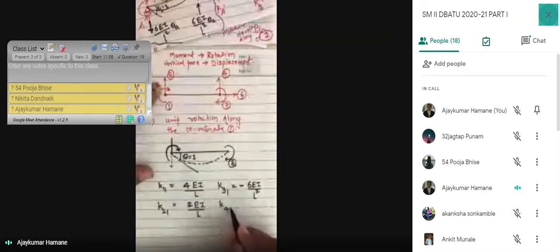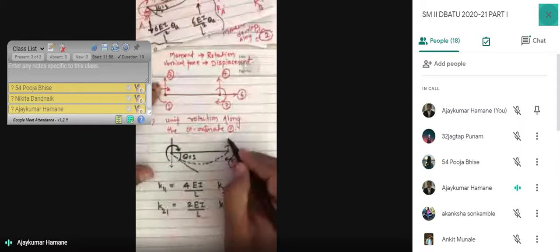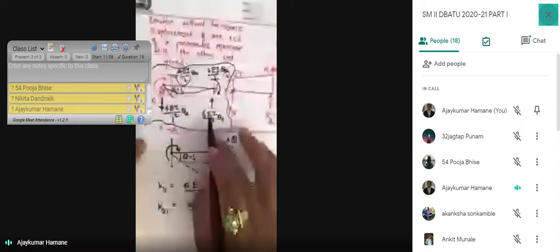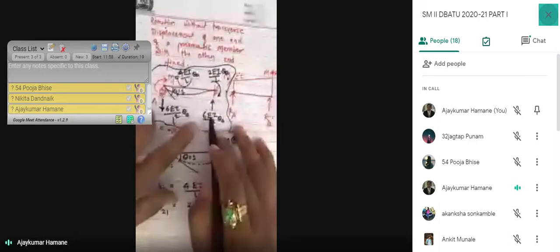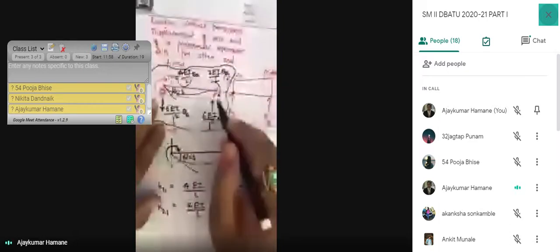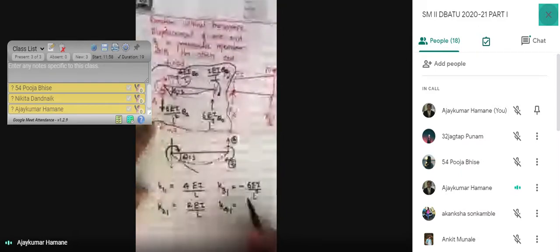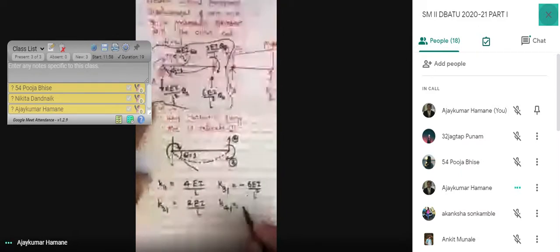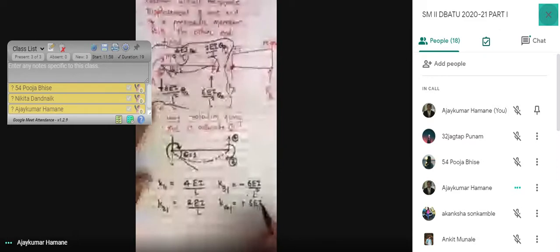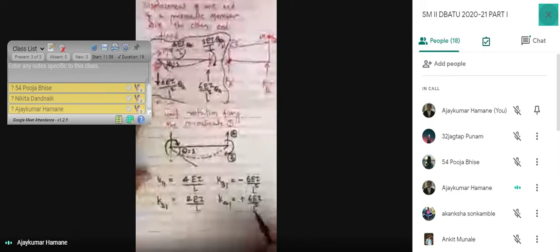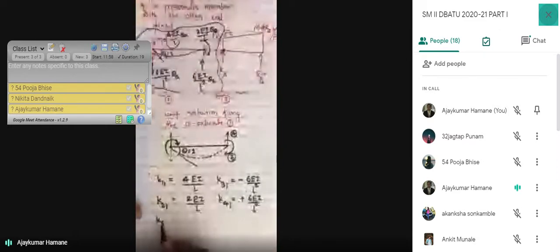Now K41. 4 is again the upward coordinate here. You see, 4 is this reaction. When we have clockwise moment, this reaction is in the upward direction, correct? So we have plus 6EI/L squared.